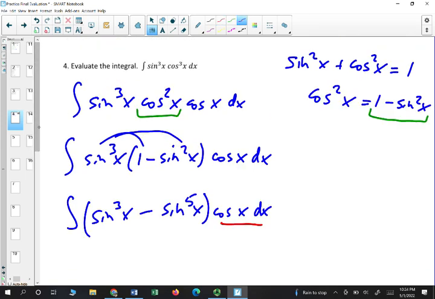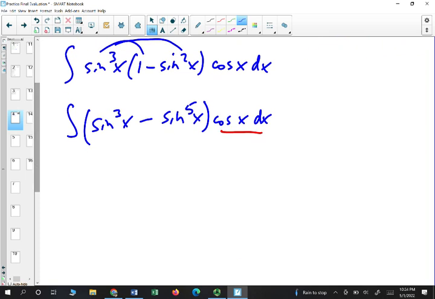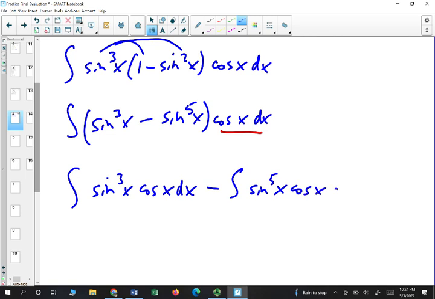So what we could do actually is split apart, have it as if we have two integrals. And so what does that mean?